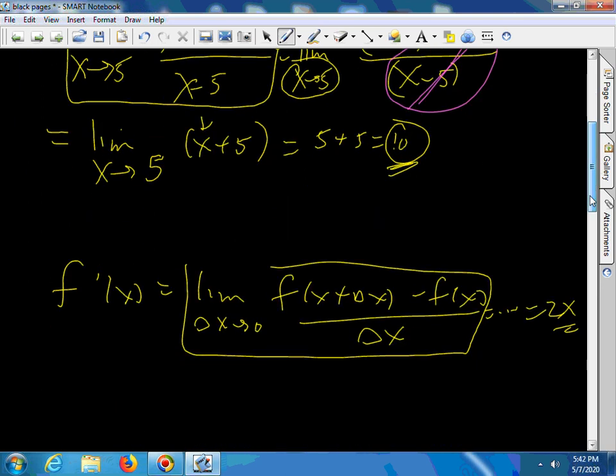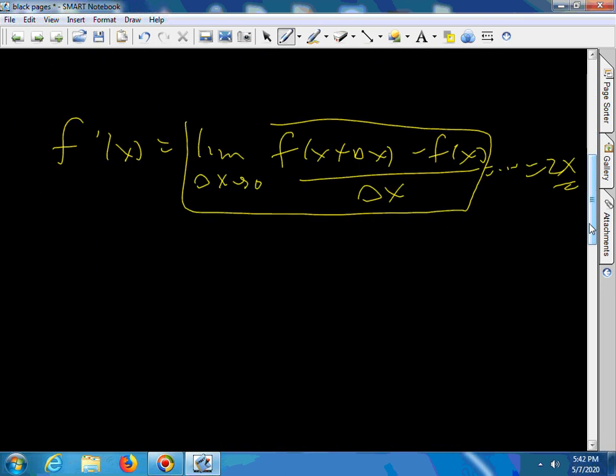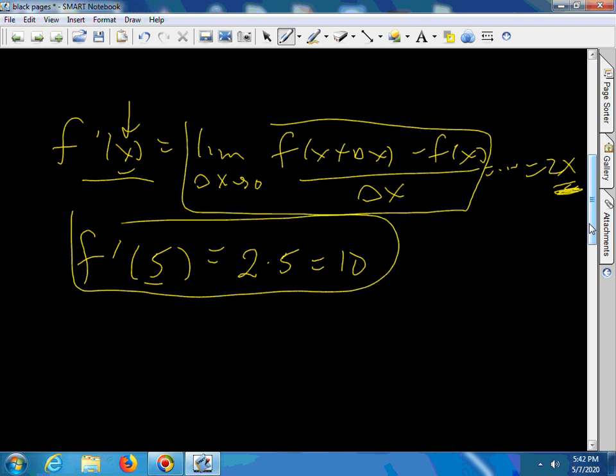Exact same amount of work. But now I have f prime of x, so I have to do a little bit more work. I have to find a derivative at 5. The rule for f prime of x, that is, what does f prime do to what's in the brackets? It doubles it. Fine, it doubles it. I'll double 5 and I get 10. This is a little bit more work, okay?